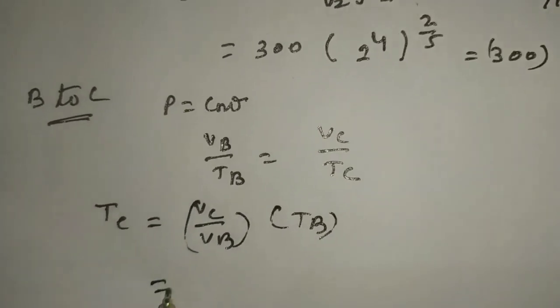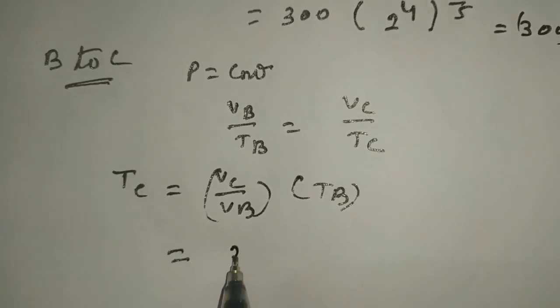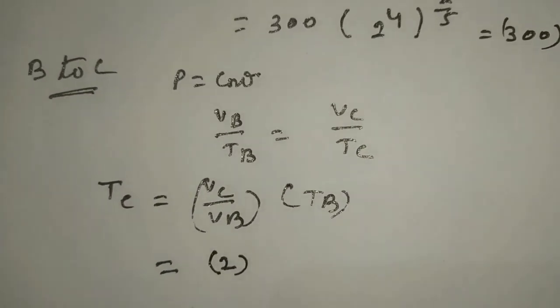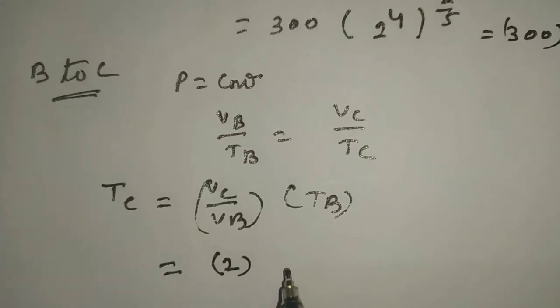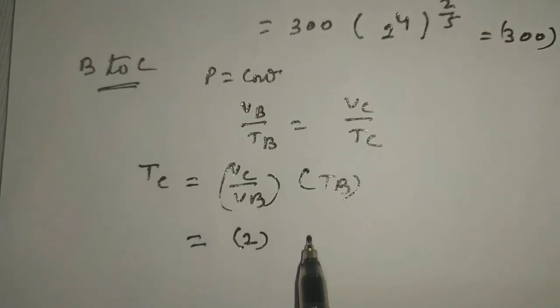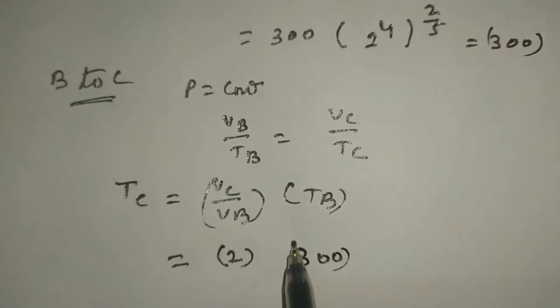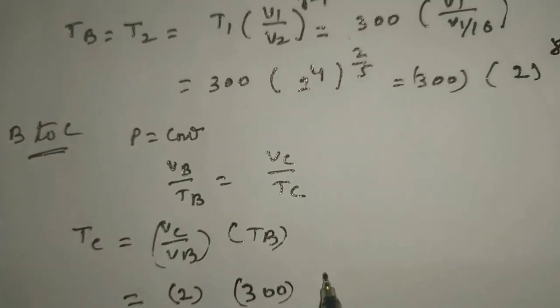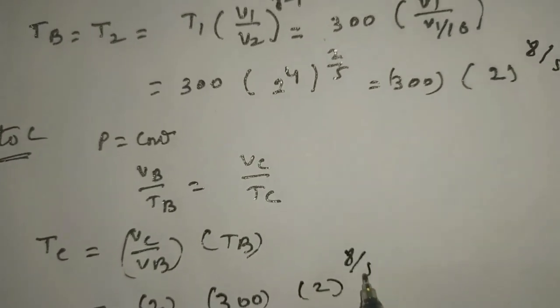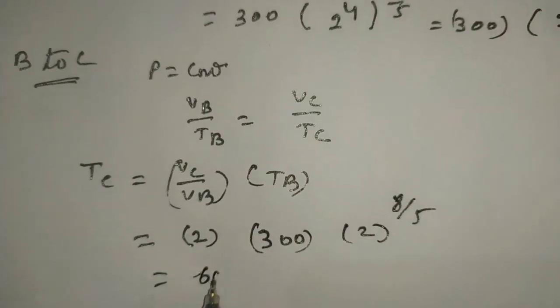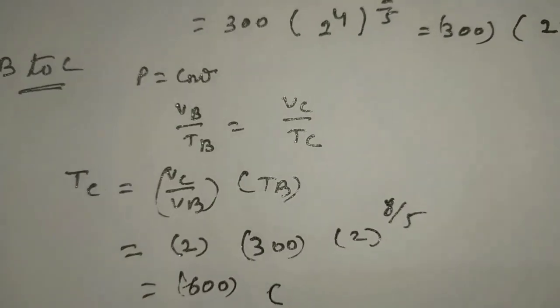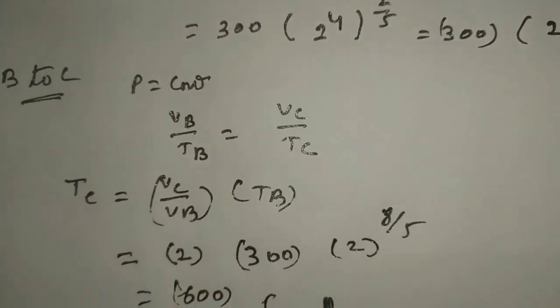So, Vc by Vb is equal to 2, since volume is doubled from Vb to Vc. So, 2 into, already we calculated the Tb value, 300 into 2 to the power of 8 by 5. So, this is 600 into 2 to the power of 8 by 5.